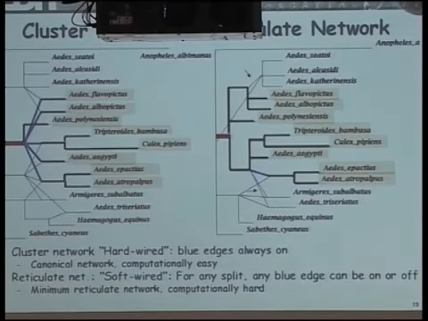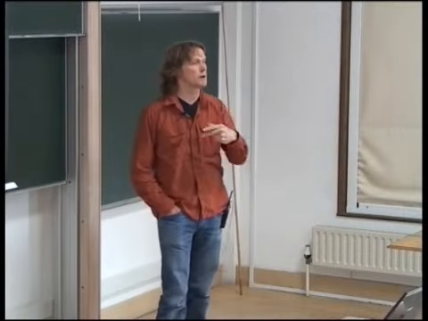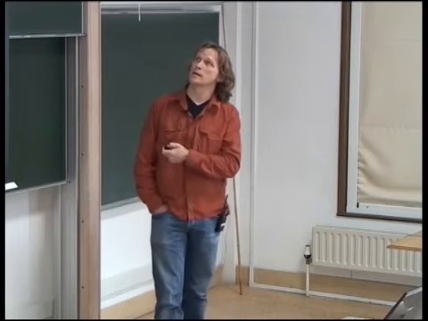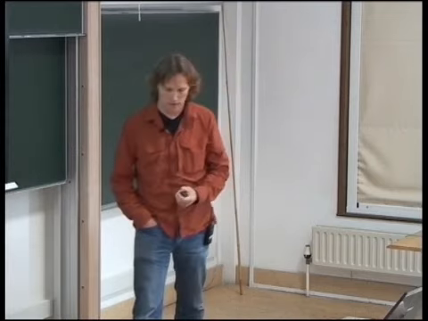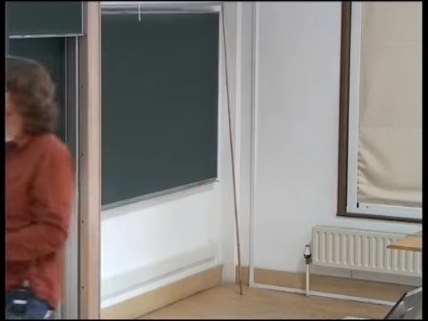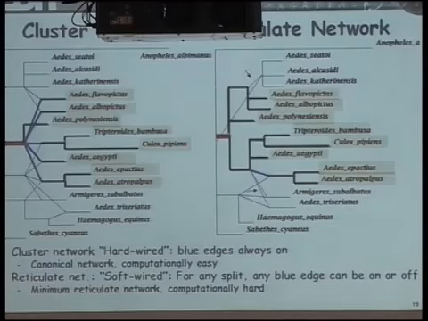here you can start trying to optimize the network, try and find a network that uses the minimum number of these reticulation nodes and a minimum number of black edges. Here, each split corresponds to exactly one black edge. Here, one black edge might have more than one split associated with it because you can represent different splits by turning different edges on and off. And so to find such a representation that uses a minimum number of reticulation nodes has been shown to be a hard problem.